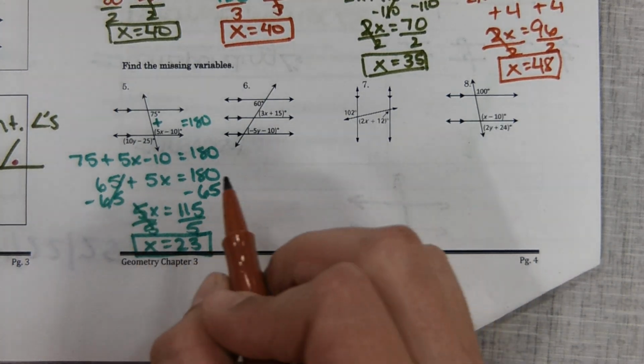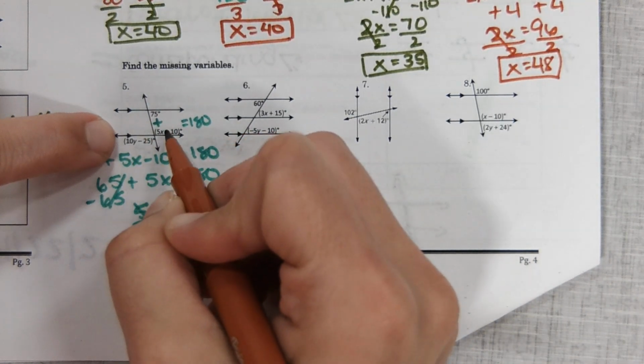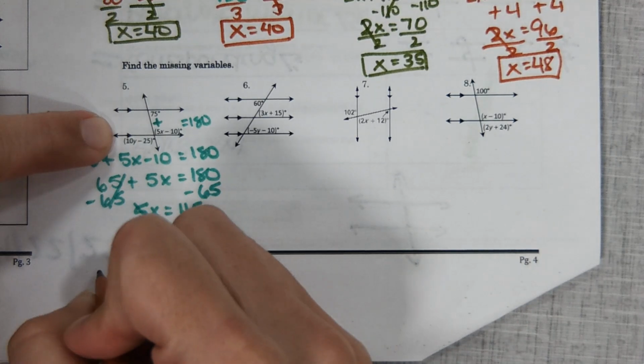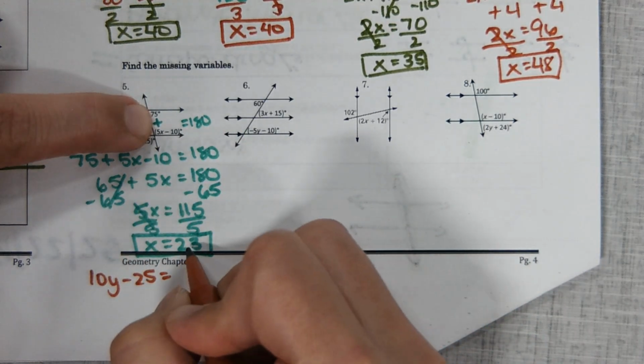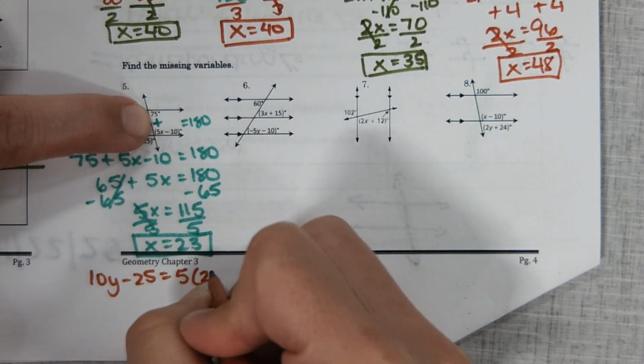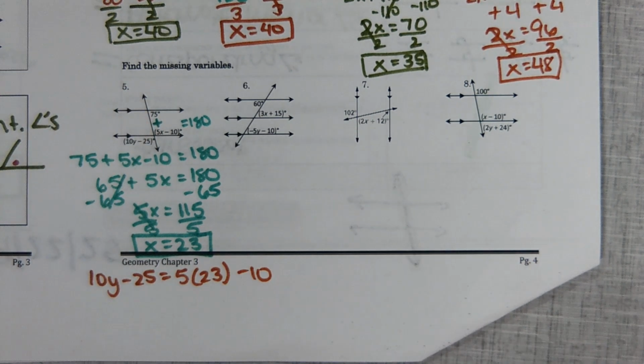Okay, so we got x, and now we need to find y. These two are equal, so we can do 10y minus 25 equals 5x minus 10, but now we know that x is 23, so 5 times 23 minus 10.